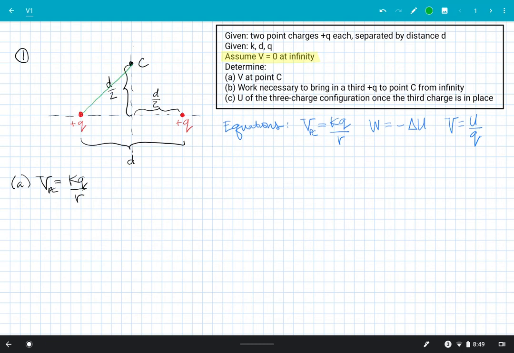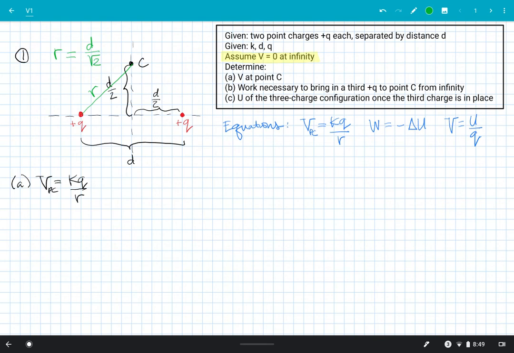They're both going to be the same, that hypotenuse. If you do that math, you get that r is equal to d over root 2.